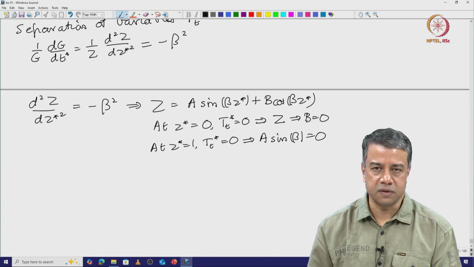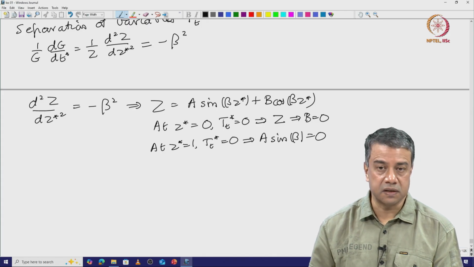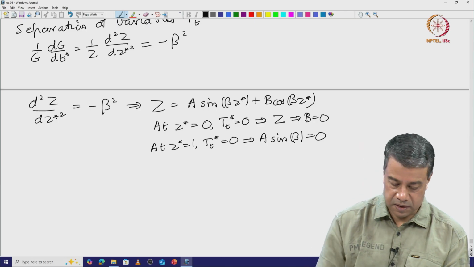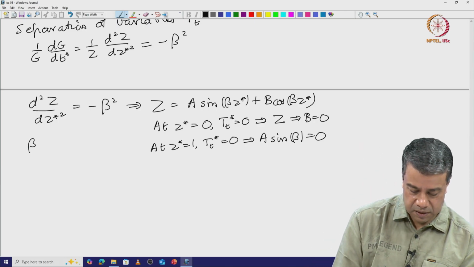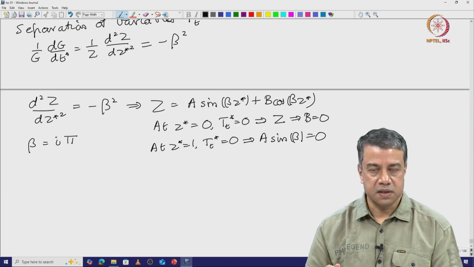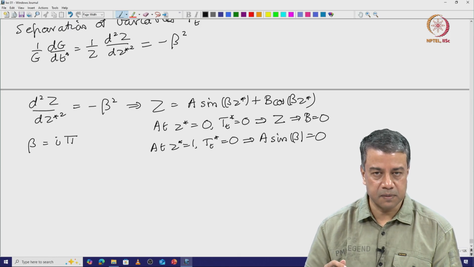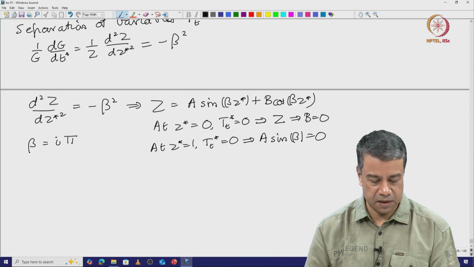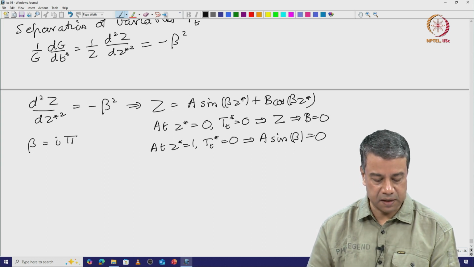It is a trivial solution. It does not satisfy the initial condition, which is non-homogeneous. Therefore, the only solution is if I write beta equal to i times pi, where i is an integer. So sine 0 is 0, sine pi is 0, sine 2 pi is 0, and so on. For any integer i, sine of beta is equal to 0.